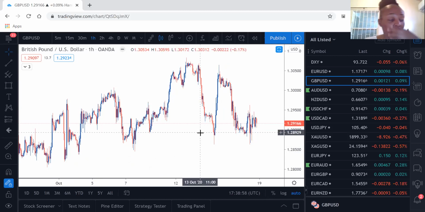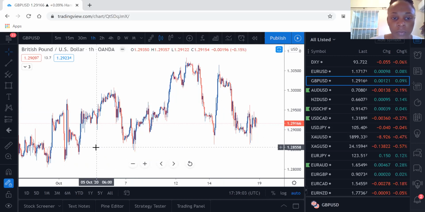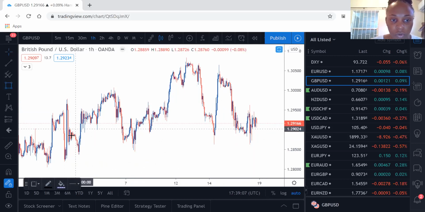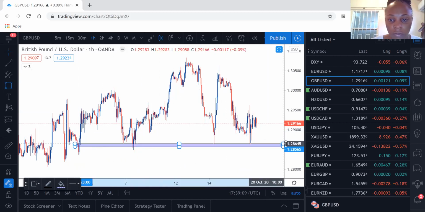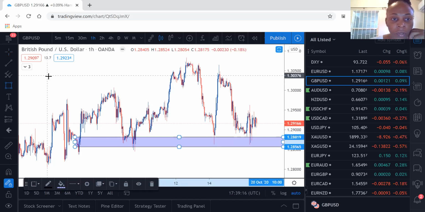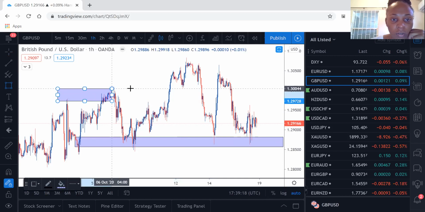So you see this mumble jumble here, and problem solve, break it down. So I'm going to identify my zones. I'm going to come here. I'm going to do that. I see a support zone here. You see a resistance zone here.